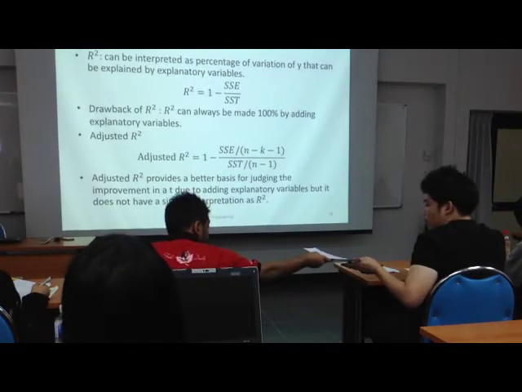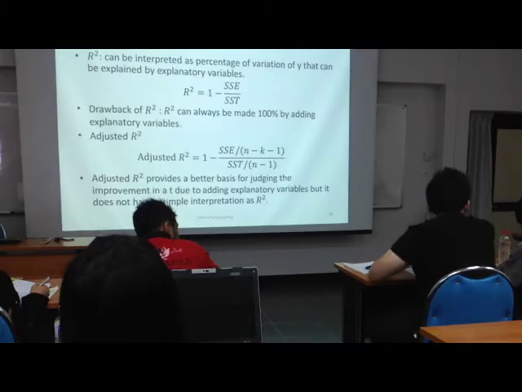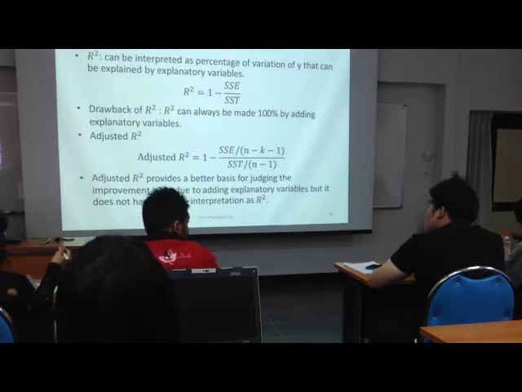The second condition we're going to look at is the coefficient of determination. We denote it as R square.